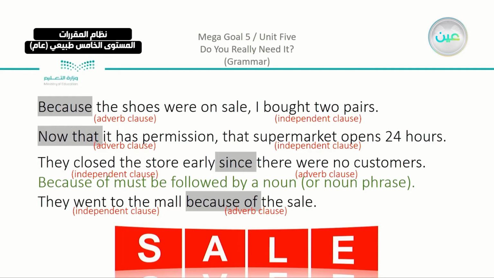They closed the store early since there were no customers. So the store was closed. Why? Because there were no customers. And the last one, they went to the mall because of the sale. So they went to the mall. Why? Because there was a sale. And note that I'm saying why, because these conjunctions all give the information of reason.